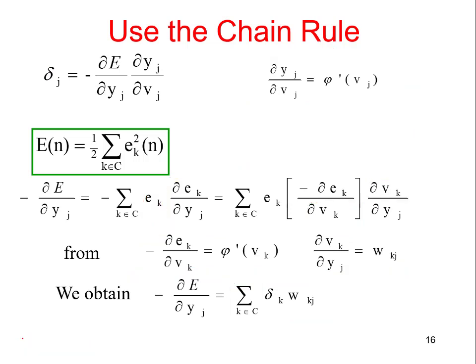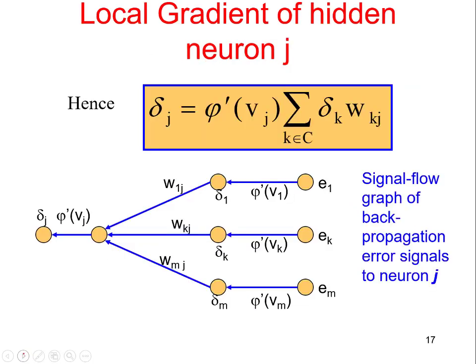Okay, so now let's move on to the next: the local gradient of a neuron j, how it is actually translated. So for the local gradient of neuron j, delta j, phi prime of vj is multiplied with delta k and w of kj. We can say that because delta k and w of kj are multiplied with the activation function derivative of vj.